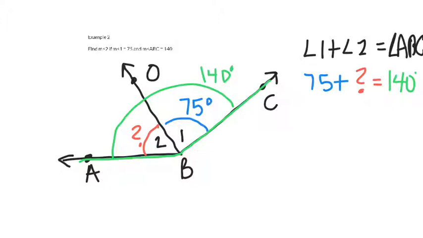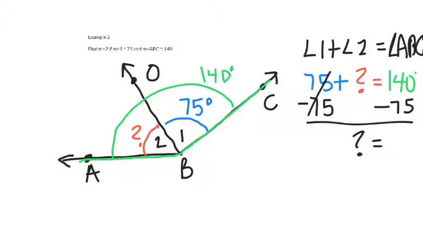So, very similar to segment addition, I could add the two small pieces and get the big piece, or I can take the big piece and subtract the small piece, and that'll give me the other small piece. So if I subtract 75 from both sides, the other small piece must be 65. I can set it up like this in an equation: angle 1 plus angle 2 equals the whole thing, and then substitute in.